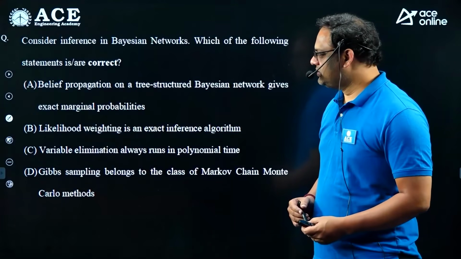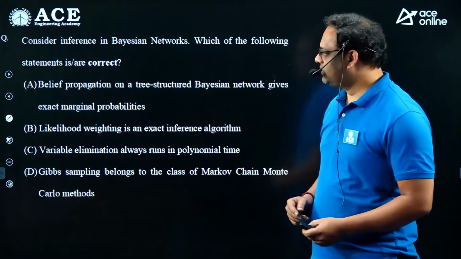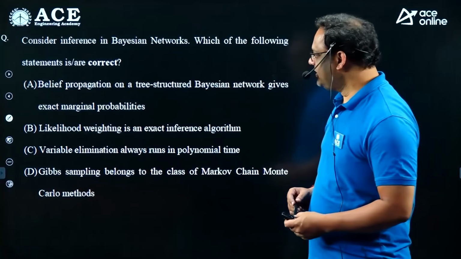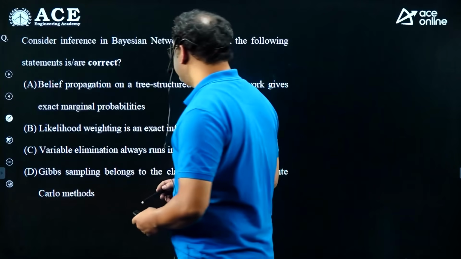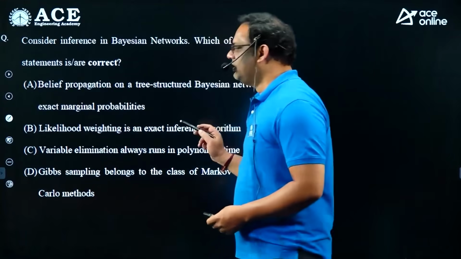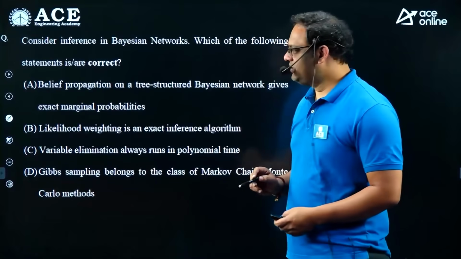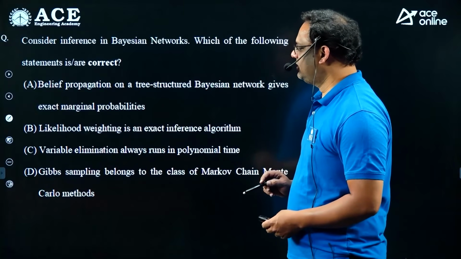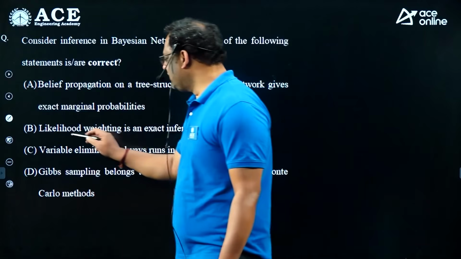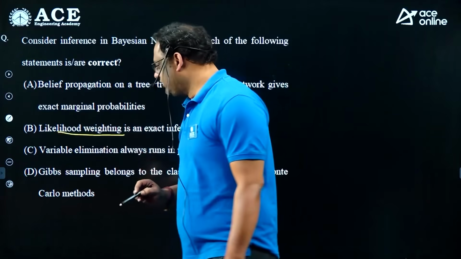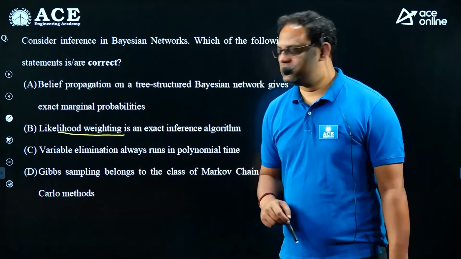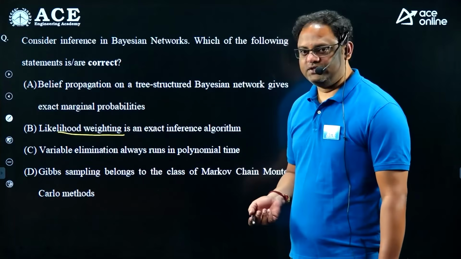Hi students, in these AI questions, the first question is about the Bayesian belief network. It can give the exact marginal probabilities, so the first statement is correct. In the second statement, likelihood weighting comes under approximate inference, not exact inference.